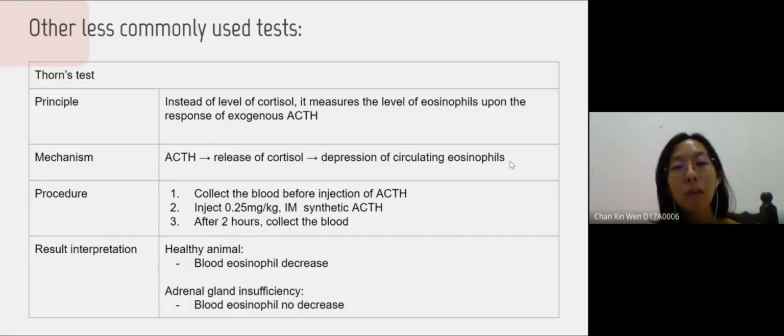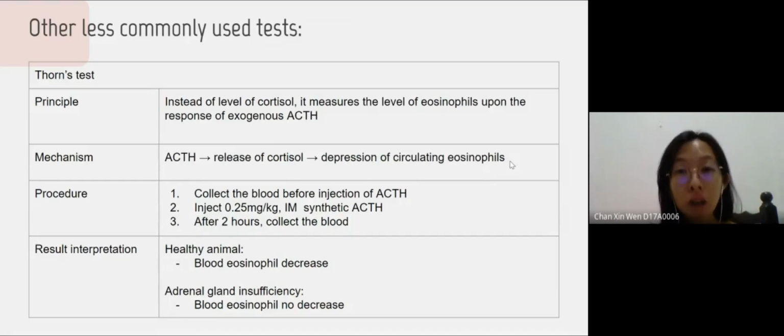When we talk about the test to assess the adrenal gland function, first of all, we have to know the normal physiology and the normal mechanism of how it works. In a normal situation, when there is a release of ACTH from the pituitary gland, it will stimulate the adrenal gland to release the cortisol hormone.